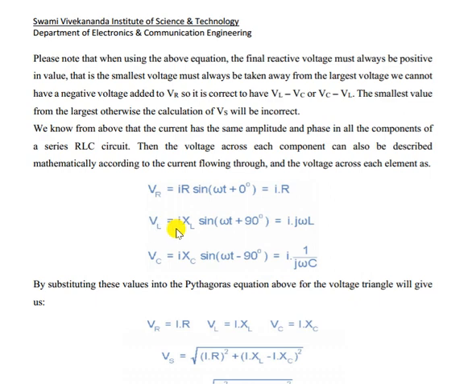VL you can write I into XL, and we can multiply it by sin omega t plus 90 degree, because voltage is leading, or we can write I j omega L. For VC, I XC sin omega t minus 90 degree.